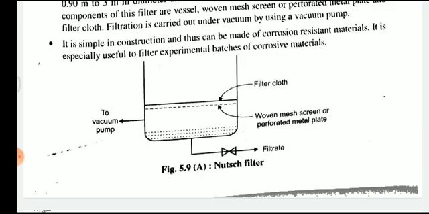Here at the top is the filter cloth, and the dotted line indicates a perforated woven mesh screen or perforated metal screen which supports the filter cloth, and to the vacuum pump, and the filtrate is removed here.